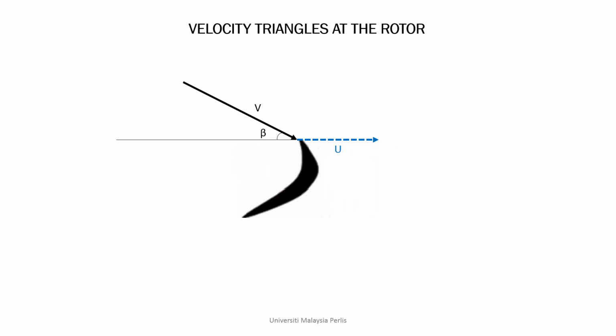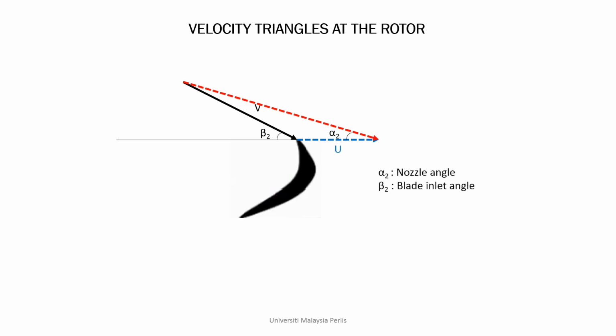Therefore, steam must be directed to the blade at angle alpha so that it will enter the moving blade at angle beta. At the rotor entrance, this angle is known as nozzle angle and blade inlet angle.